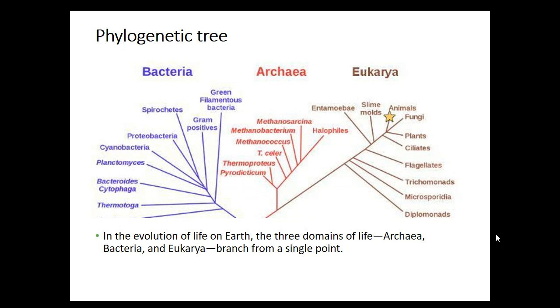So that's why just 25 years ago or so, it was decided we shouldn't be together in one group. We need to create this whole new level of classification called domains and put the bacteria in this domain, archaea in this domain, and all the eukaryotic stuff in another domain.